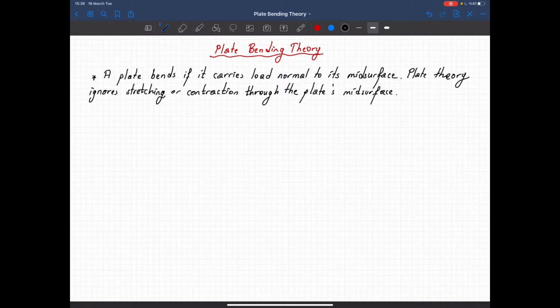Now the plates, we may define very different types of plates, but plates in structural mechanics are actually classified in two parts. The first thing is that we call them thin plates.